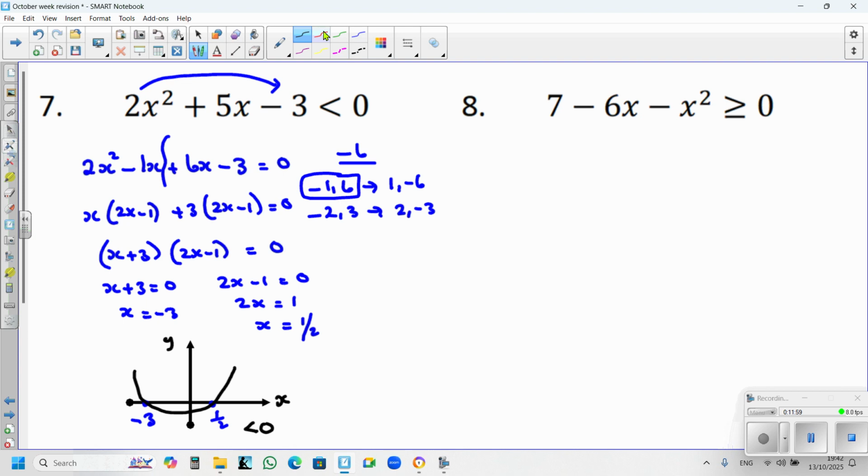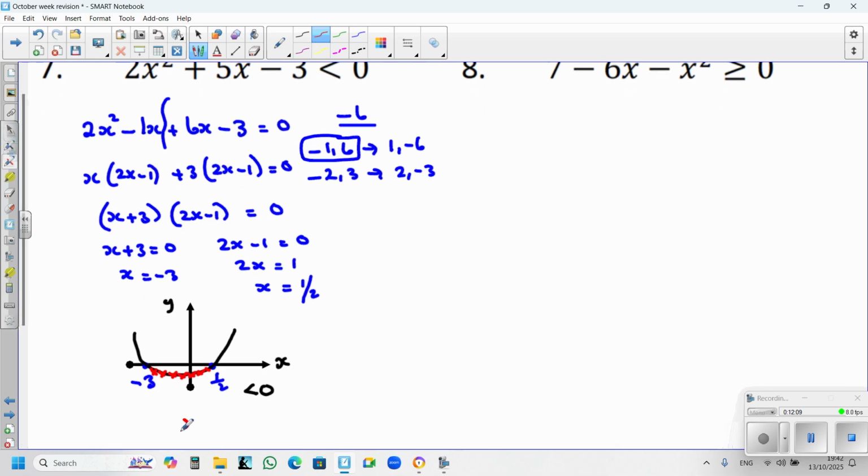So the bit that we want is this bit all below the axis. It's a continuous bit, it's not two broken bits. So to describe that, we are going to describe that as x lies between -3 and a half, and the arrows go that way. Just check there's no equal sign, so that's our solution.